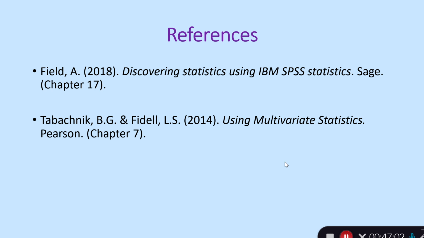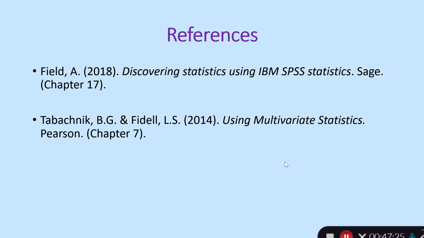Where in MANOVA we're taking groups and then assessing differences between the groups based on a combined DV, in discriminant analysis, we're taking scores on a continuous scale and we're trying to separate them into groups. So it's kind of like doing MANOVA in reverse.